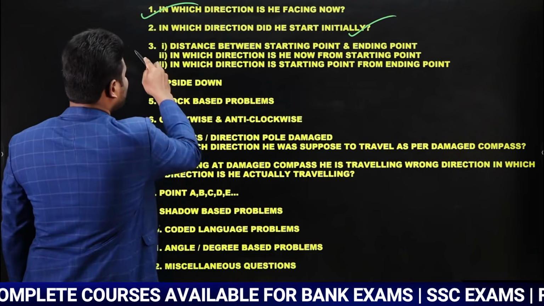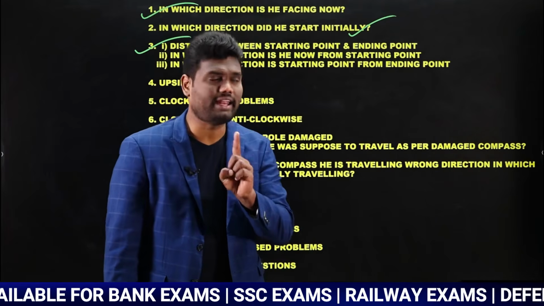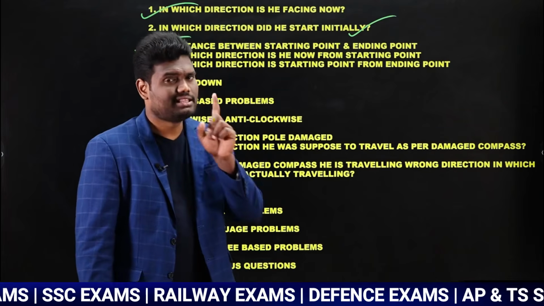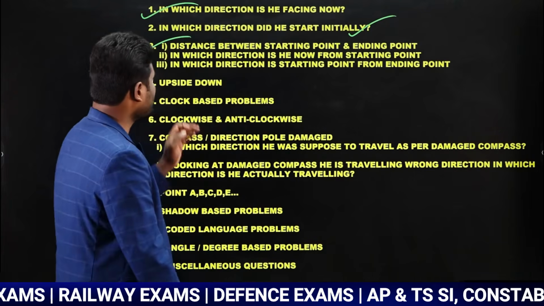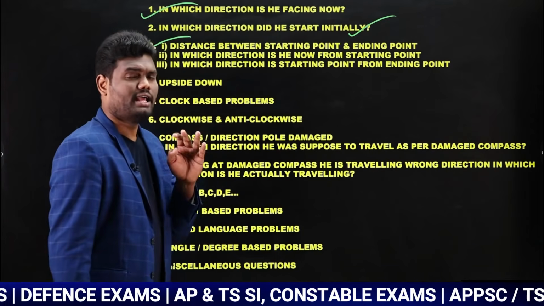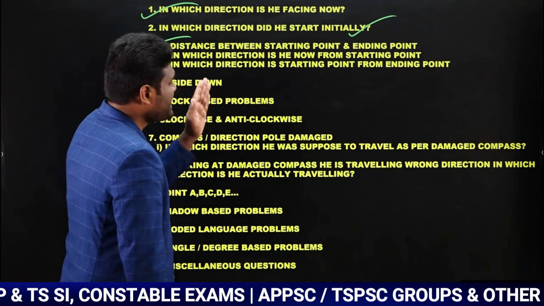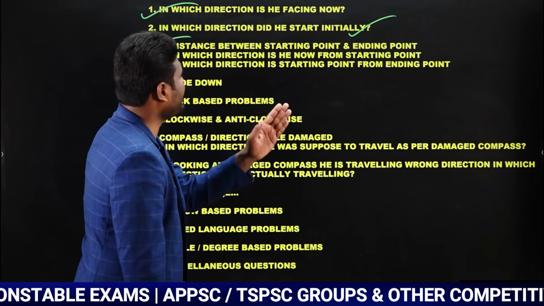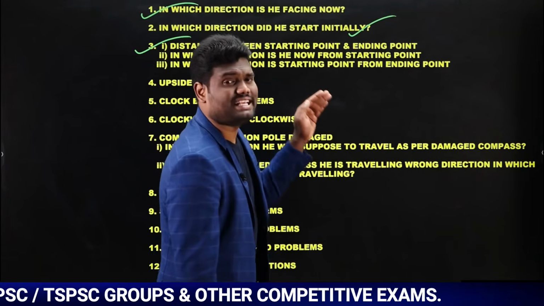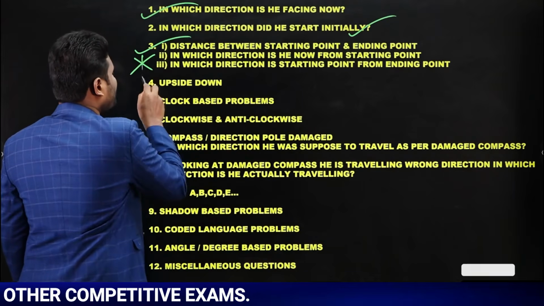Now the third model: questions can be in three ways. One is the distance between the starting point and the ending point. Another way is, in which direction is he now from the starting point? And the third one is, in which direction is the starting point from the ending point? These are different formats of asking questions for model number 3.